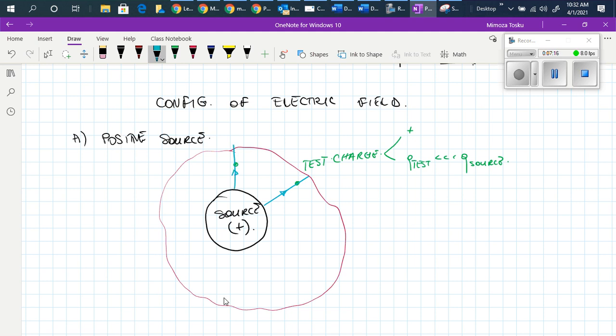They will repel. So anywhere that you put this test charge near the positive source, you will see a configuration of the field like this. Now those lines are known as the field lines.